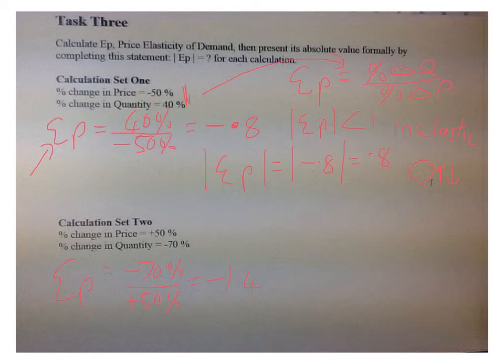Now let's get into the interpretation. Let's find the absolute value. What have we got here? Minus 1.4, so 1.4. Okay, so let's interpret the value. The absolute value of EP is greater than 1. So this is indicating that we're going to get, yes, an elastic response. Oops, there's that rubber.